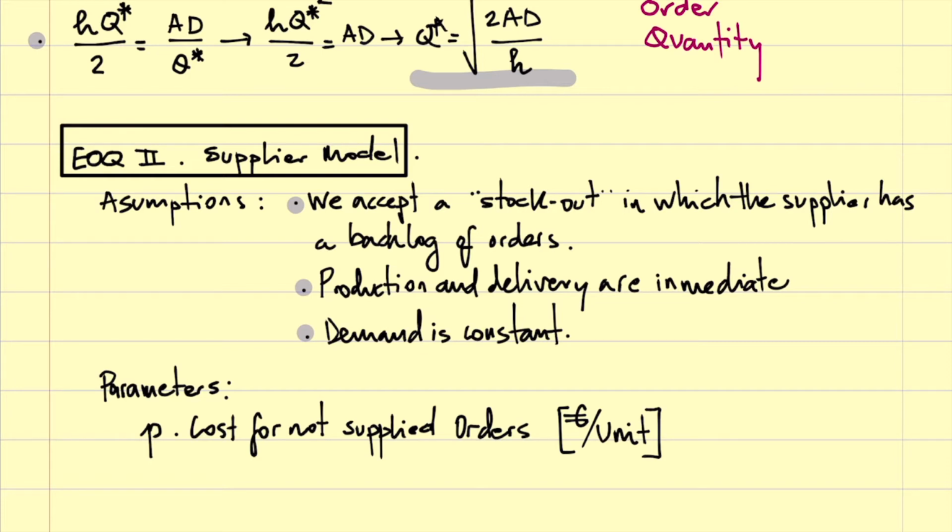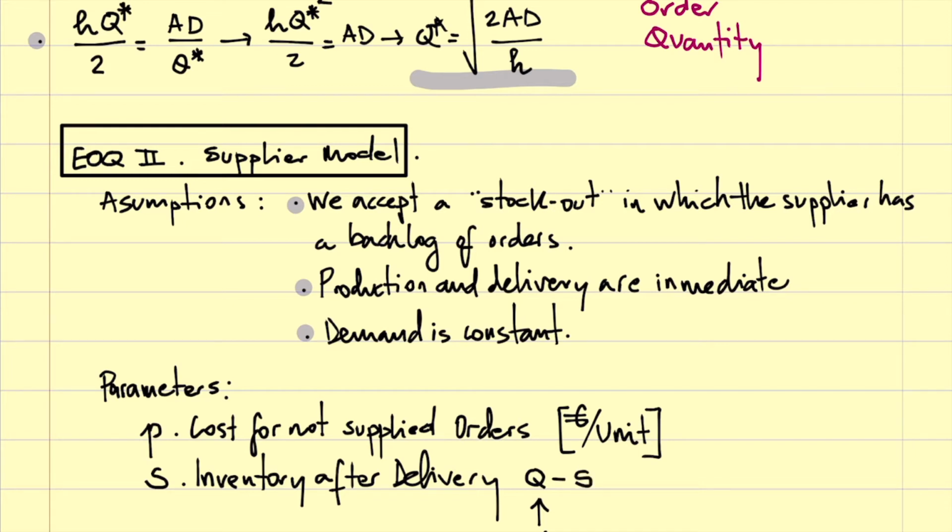You lose your customer maybe. And S is the inventory after delivery. Okay, so you have the order quantity Q minus S equals the backlog.